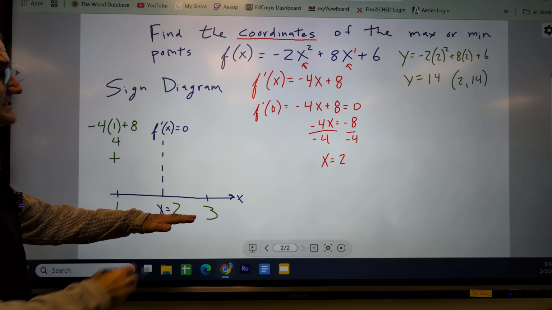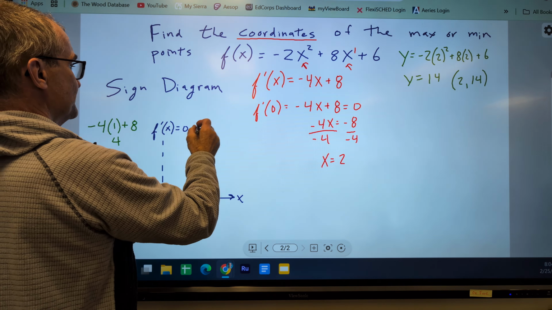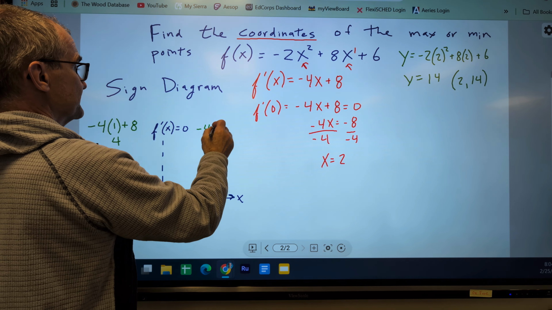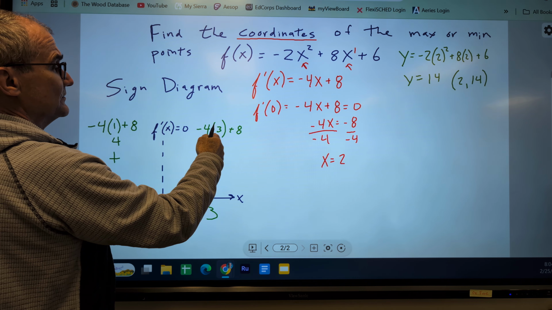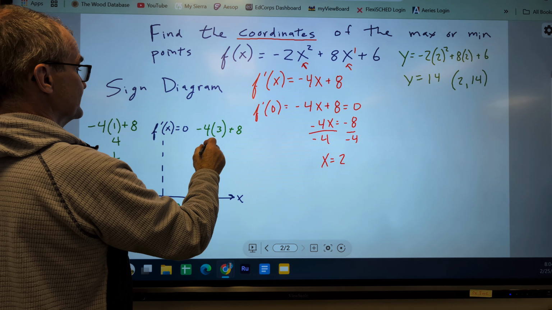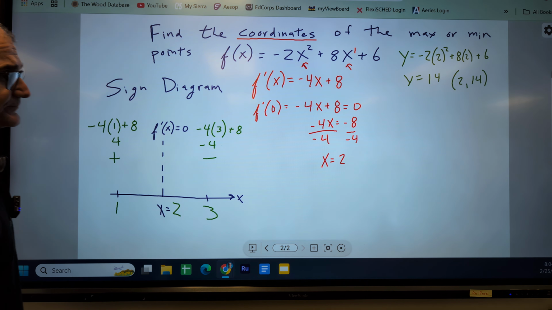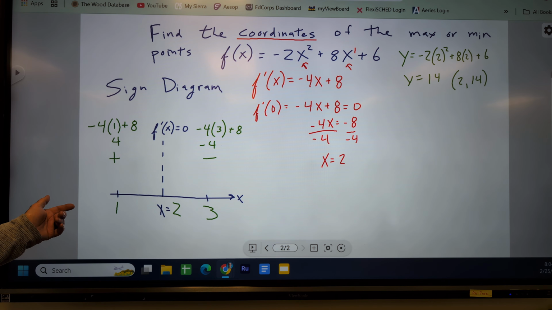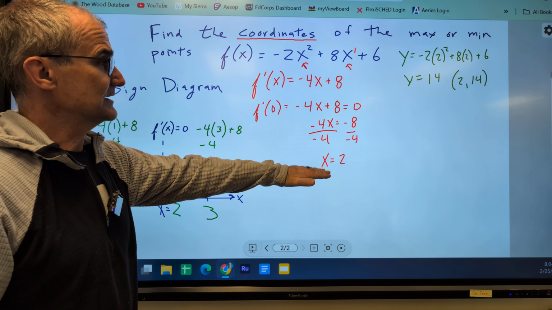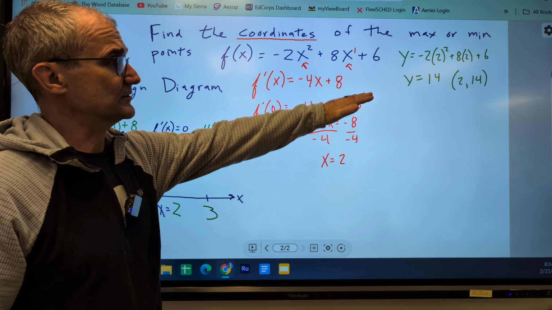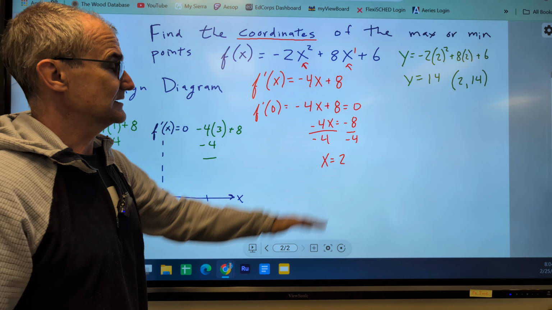And then on the 3 side, I'm going to do the same thing. I'm going to plug 3 in there. Negative 4 times 3 plus 8. Negative 12 plus 8, negative 4. It's a negative slope. So it meets both criteria. The vertex, the maximum, is equal to (2, 14).